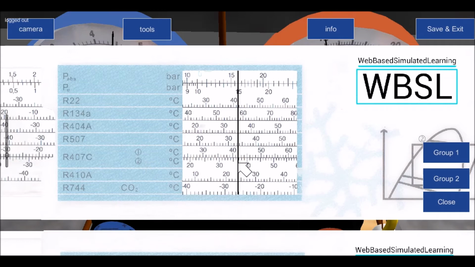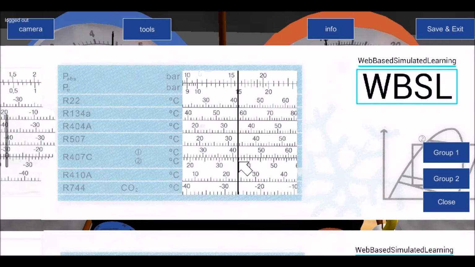The bubble point temperature was 37 degrees, the true pressure temperature relationship for 407C at 15 bar. So at 15 bar, 407C has a condensing temperature of 37 degrees Celsius, or at 37 degrees Celsius, the equivalent pressure for 407C is 15 bar.